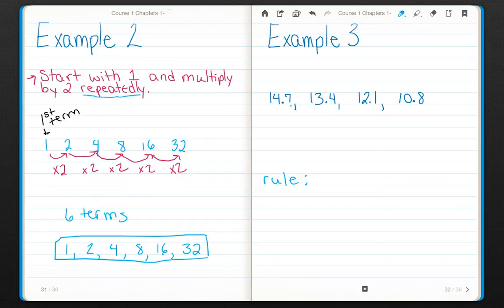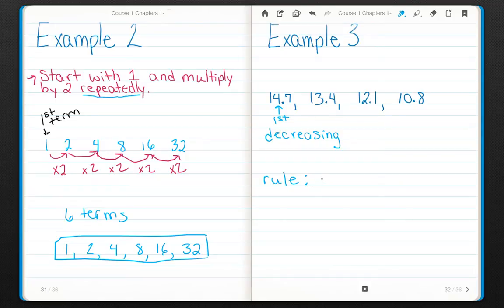So, I know that I am decreasing because my numbers decrease going down the pattern. So I know that it's decreasing. I know that my first term is 14.7.